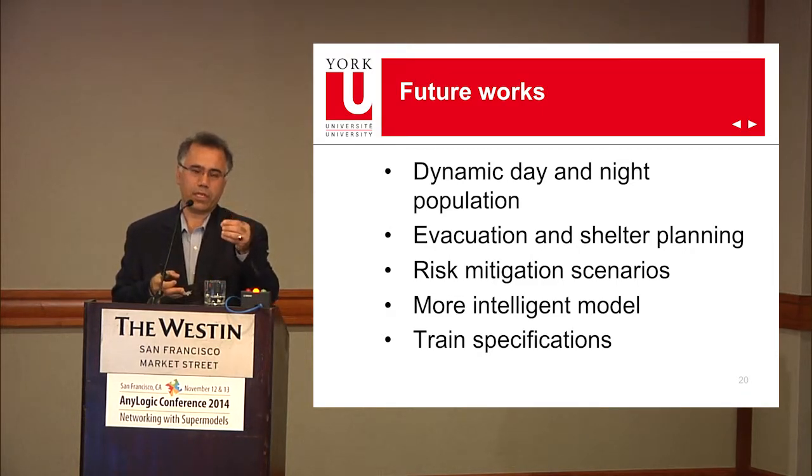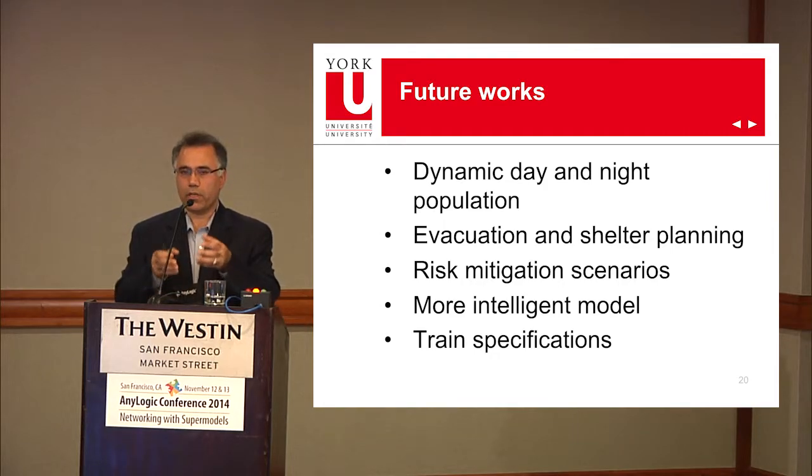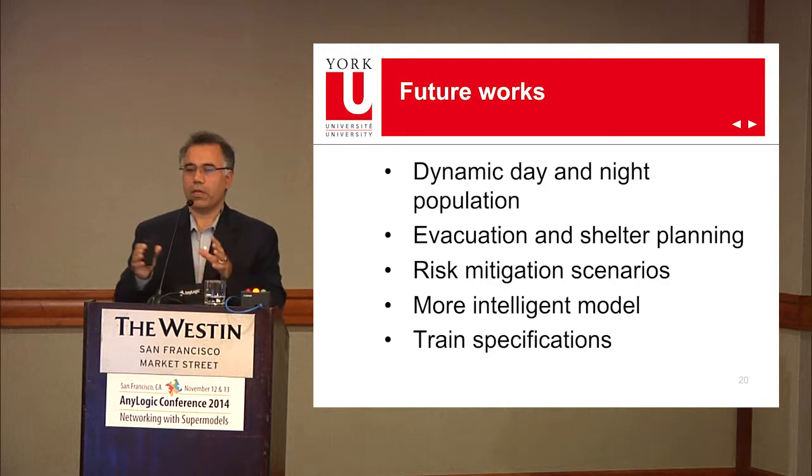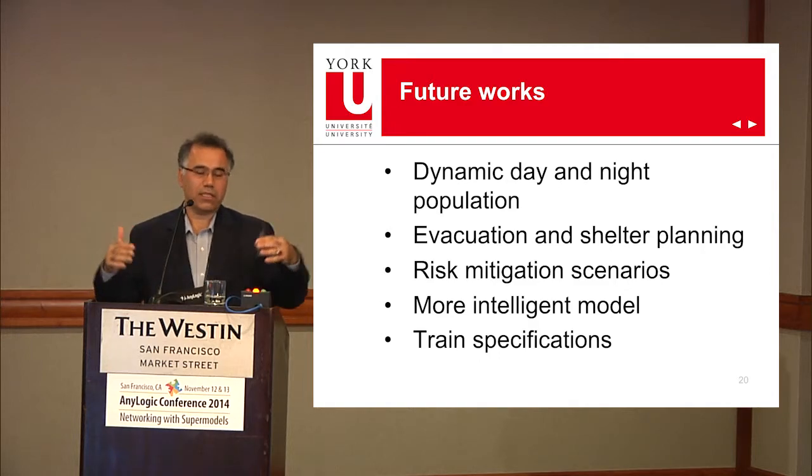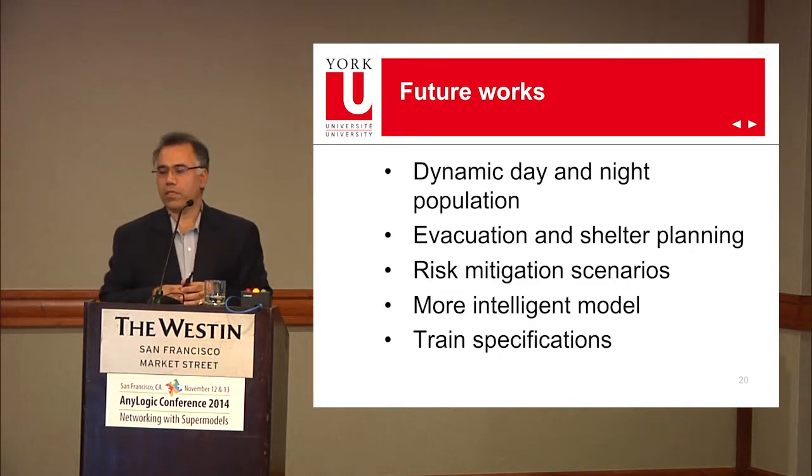For example, if it is 8 in the morning, you have the actual or estimated number of people based on that. And as I said, I'm adding evacuation and shelter planning to this. That's in progress. Also adding risk mitigation scenarios. As I said, what would happen if you, for example, change the direction, change the train time, and so on. Would you be able to mitigate the risk based on these basic key policy options?